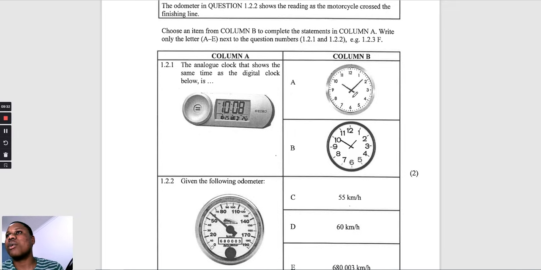So the small arrow shows us the hours, while the bigger arrow here shows us the minutes. So if we check the first watch, it shows that the small arrow is pointing at 10 hours. Okay, it means that it was 10 hours.